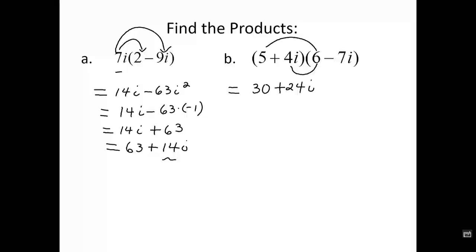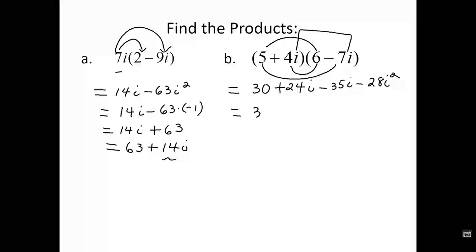And a negative 7i times a positive 5 is a negative 35i. And finally, 4i times a minus 7i is a negative 28i squared. All right, let's simplify this.